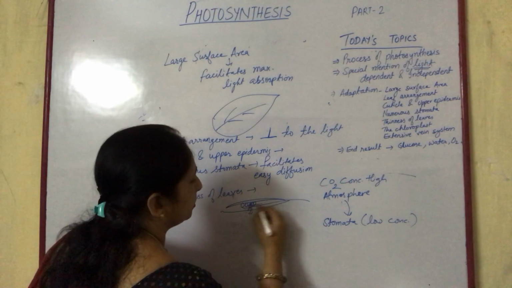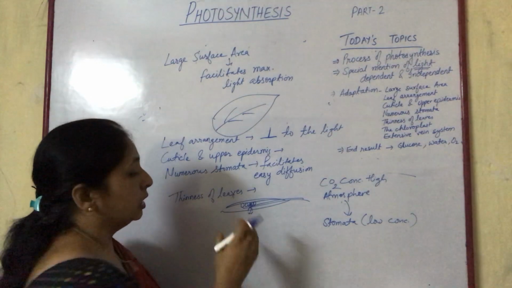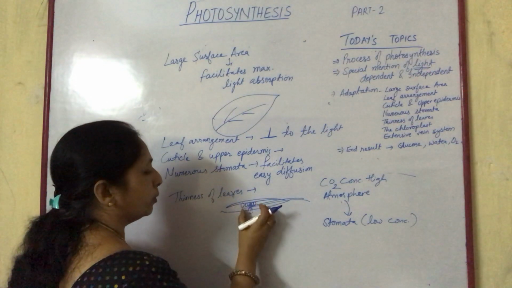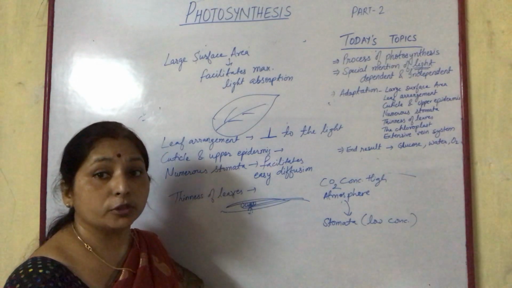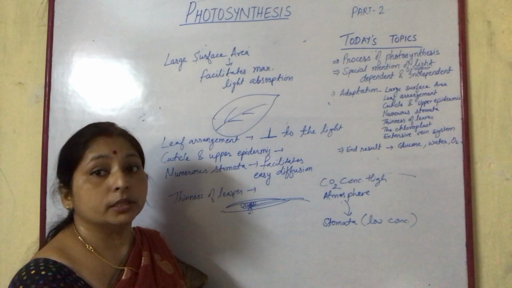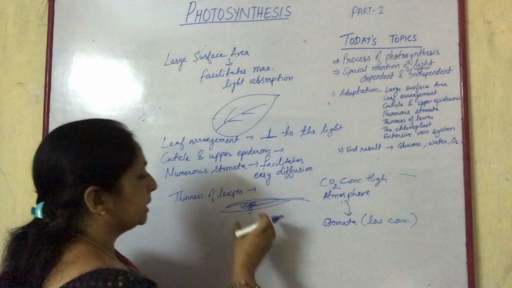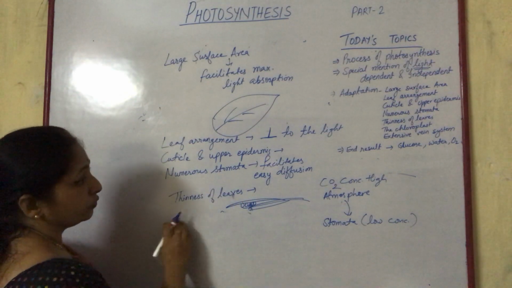From here the veins may help in the transportation of food. So easy translocation of substances from the mesophyll cells to the phloem, or from the phloem to the mesophyll, is facilitated by thinness of leaves.